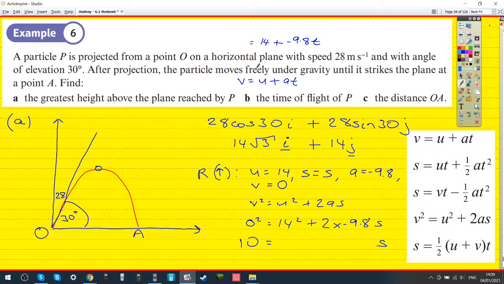So is that 28? No, that's the speed. What you got was the time it takes for the particle to go from O to its greatest height. Yeah. But that's not the full journey. Time of flight is how much time it spends in the air.